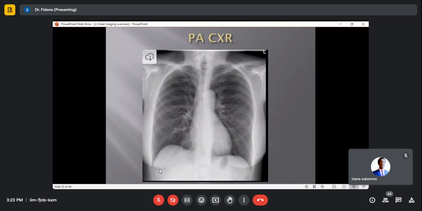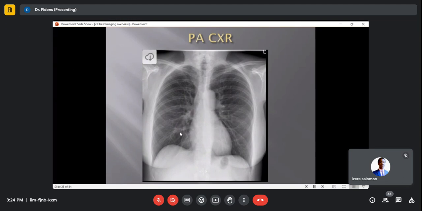And the fourth one, I told you this is one, this is two, this is three, the fourth one is the hilum. You can miss some lymph node or a mass in the hilum because the hila are dense, opaque.